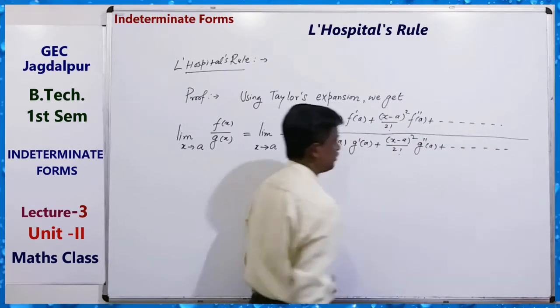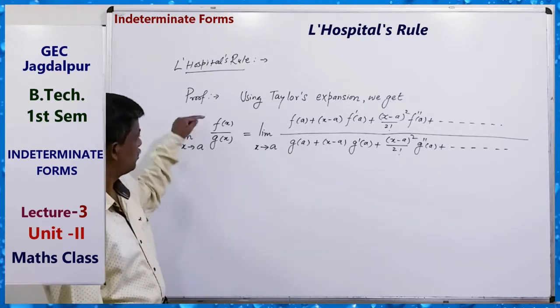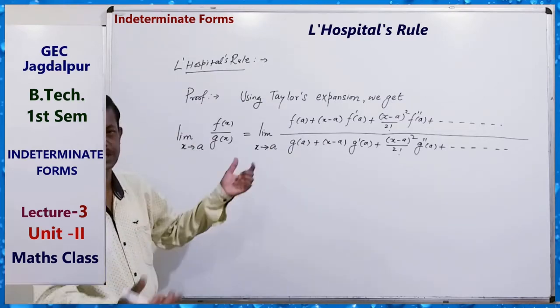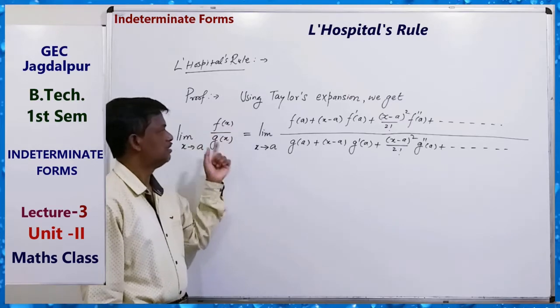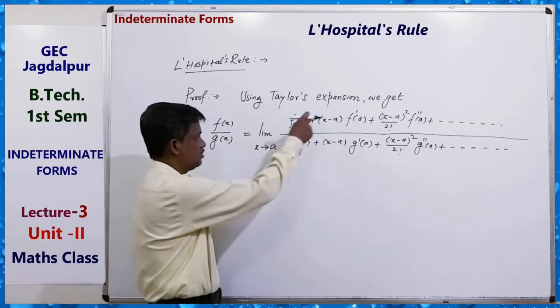We can use the Taylor expansion formula in place of f x and g x, expanding the functions about the point x equal to a.